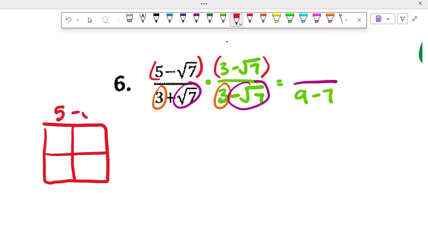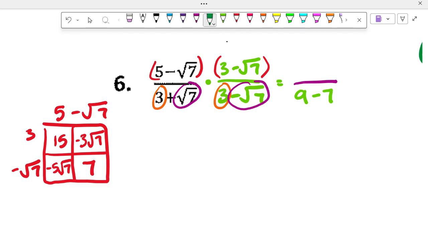this will be 5 minus the square root of 7, 3 minus the square root of 7. 3 times 5? 15. Then negative 3 square root 7, negative 5 square root 7. Negative square root 7 times negative square root 7? Positive 7.